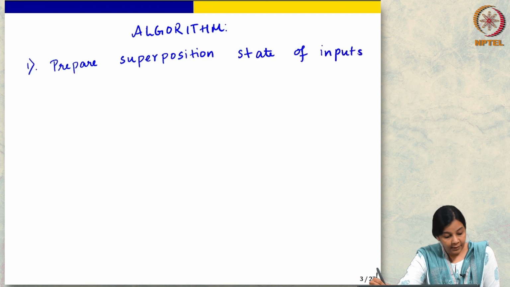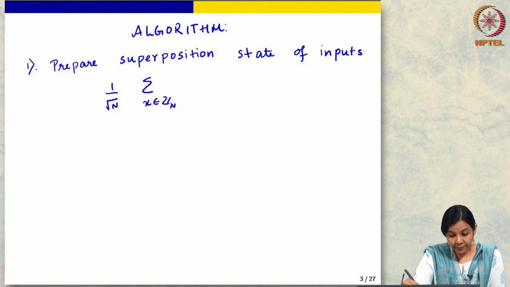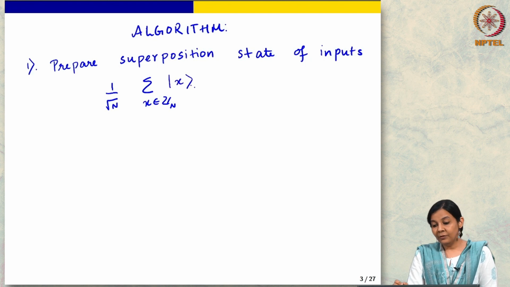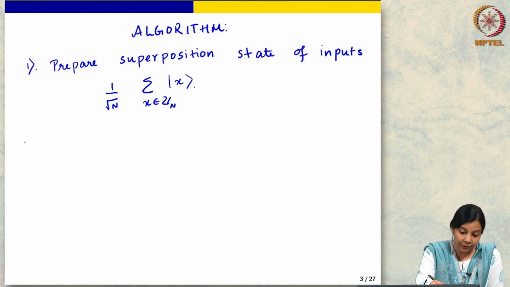Of inputs, right. So this is basically 1 over root n summation of x over z n, x. Okay, so this is just the superposition of all inputs. So this part is sort of standard by now.